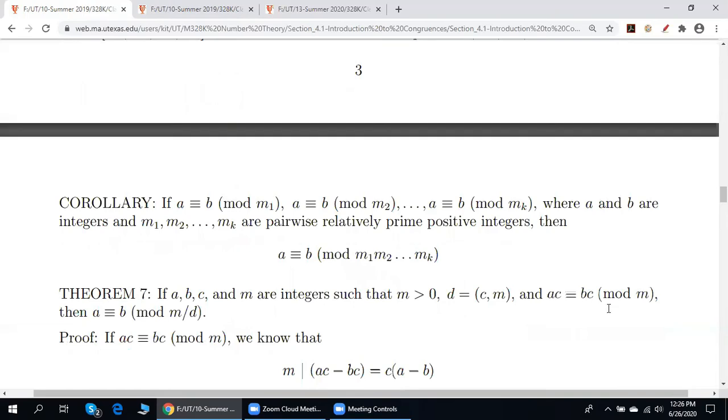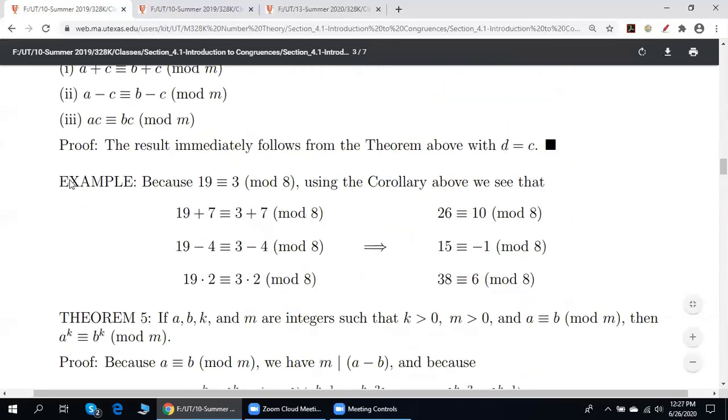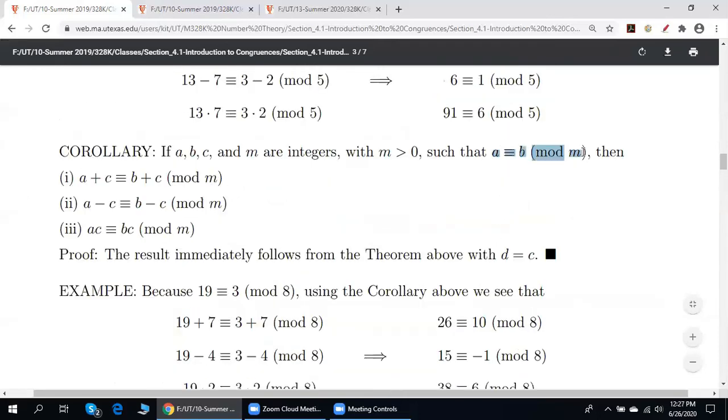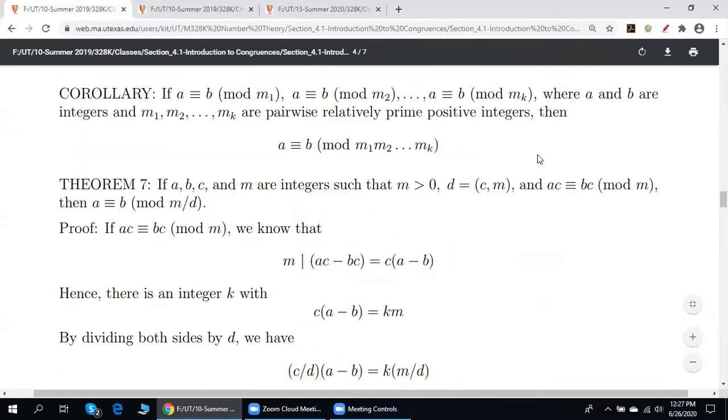If A is congruent to B modulo M, then AC is congruent to BC modulo M. Okay, that makes sense. So compare. This implies this. However, this does not necessarily imply this, according to what is written here.